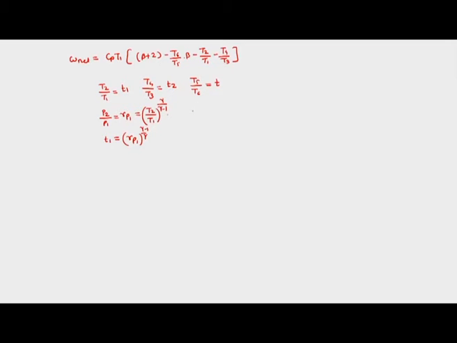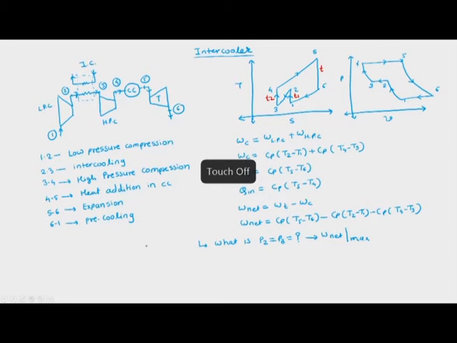Similarly, T2 is equal to Rp2 bracket raised to gamma minus 1 upon gamma, where Rp2, if we go in this diagram, is equal to P4 by P3.